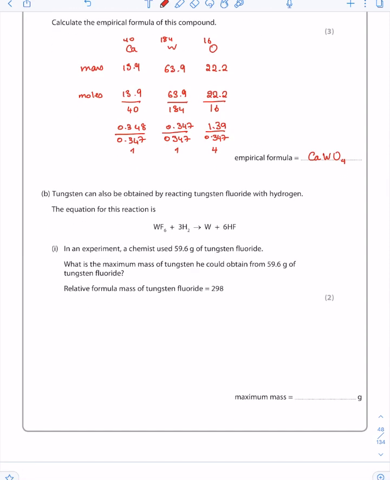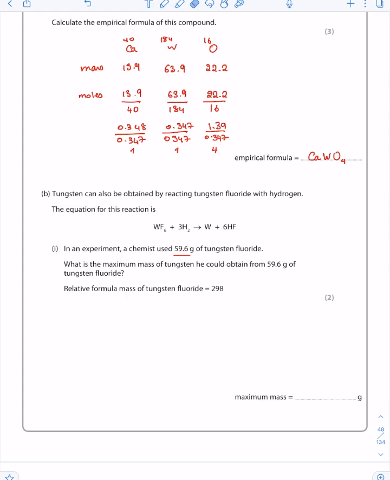Tungsten can be obtained by reacting tungsten fluoride with hydrogen. The equation for this reaction is tungsten hexafluoride plus 3 moles of hydrogen give tungsten plus 6 moles of hydrogen fluoride. In an experiment, a chemist used 59.6 grams of tungsten fluoride.